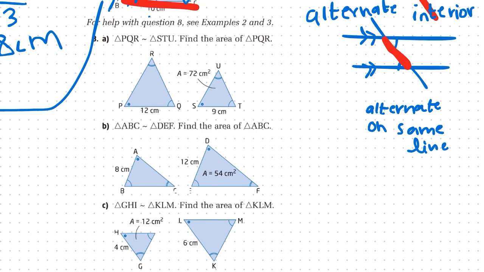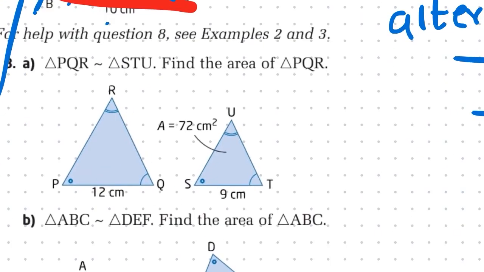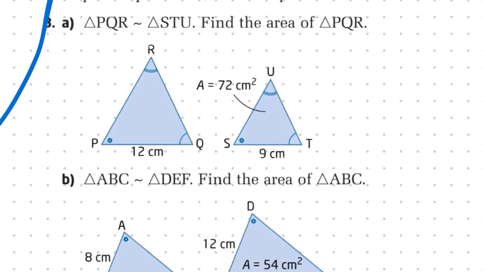What is this A called? Area, centimeter square, right? So how do you involve areas and similar triangles? They're asking area of this triangle.